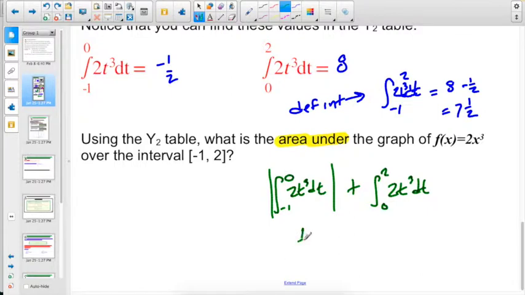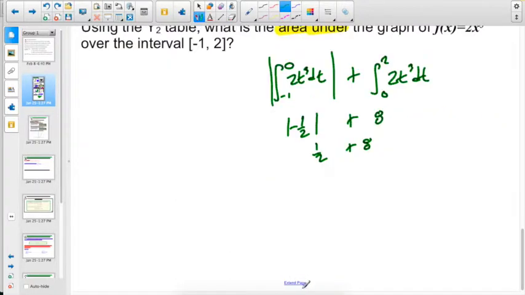And so this is going to be the absolute value of -1/2 plus 8. So the total area, like if I were to paint this and we would need to know how much paint we would need, the total area in geometric terms is 8.5.